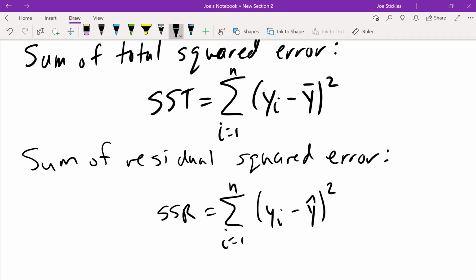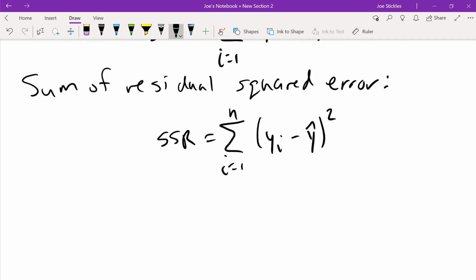As long as there's a non-zero constant in your least squares model, this SSR will always be less than or equal to your SST. So the ratio of those things makes sense.